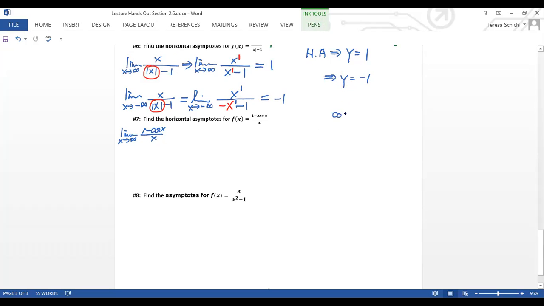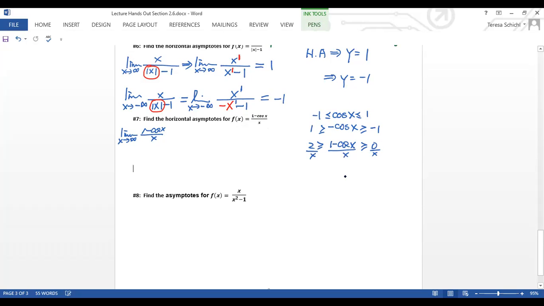Let's start with cosine x. Cosine x is always between -1 and 1, correct? Now you have negative cosine x, so I add a negative sign and switch the inequality, right? Now I have 1 minus cosine x, so this will be 0 and this is 2. All right, now I have this divided by x.